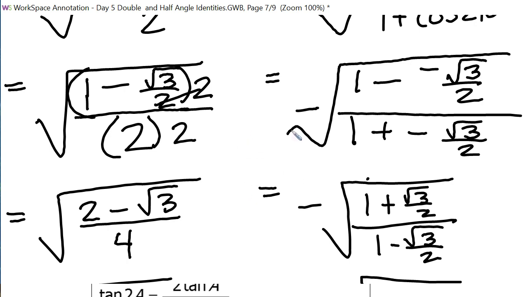Whatever you multiply the top by, you also have to do to the bottom. So that gives us 2 plus square root of 3 over 2 minus square root of 3. Now, do I have a perfect square in the denominator? No. So that's as simplified as I'm going to get it.